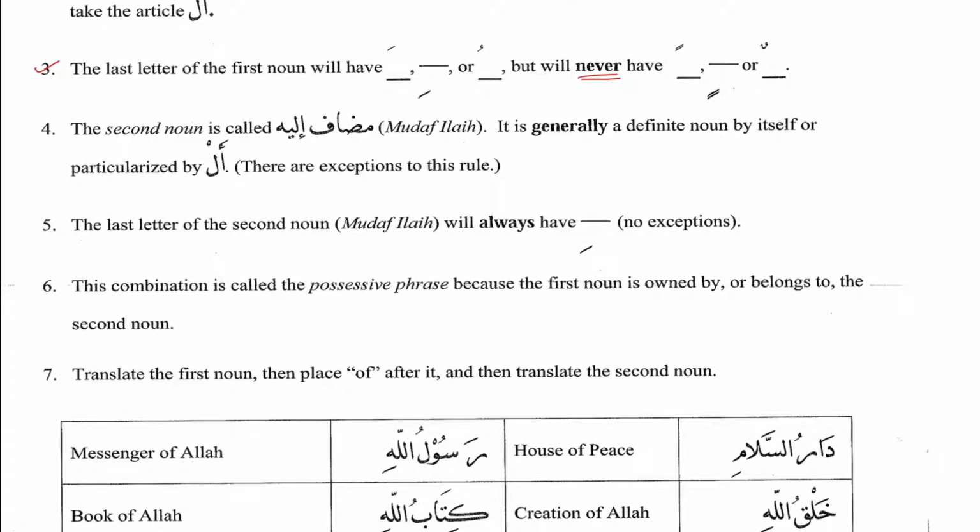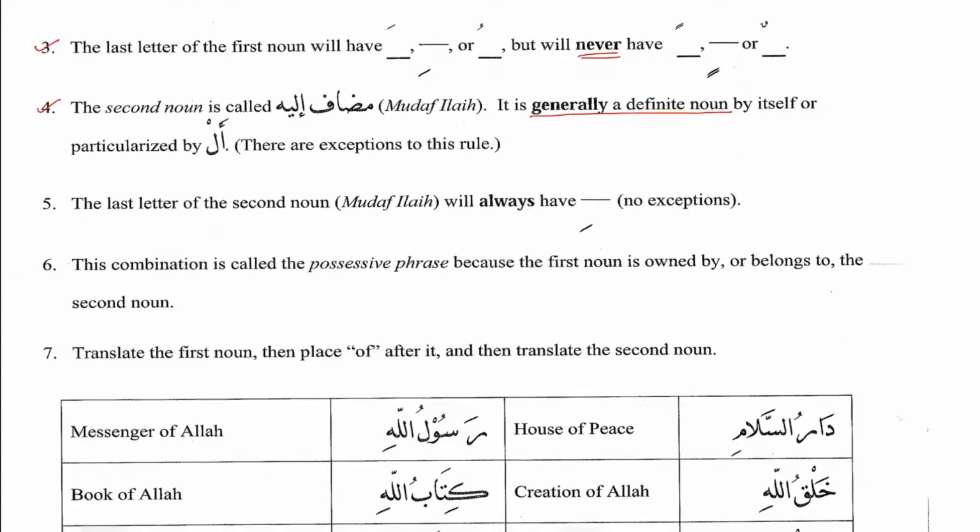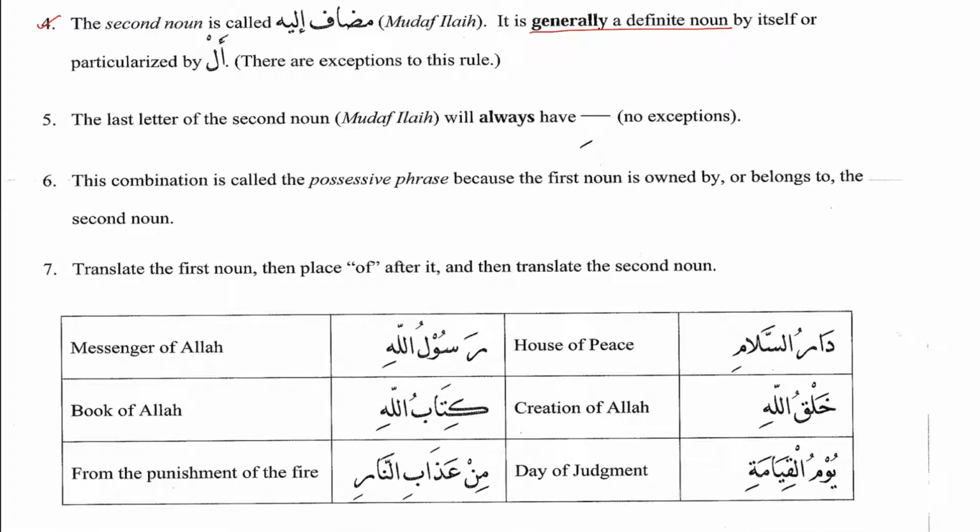This was related to the mudaf, the thing that is possessed. The one that owns is called the mudaf ilaih, which is the following noun, the second noun. It is generally a definite noun, but it doesn't have to be the case; there are certain exceptions to this rule. But it is generally definite, so you're likely to see an al in the mudaf ilaih.